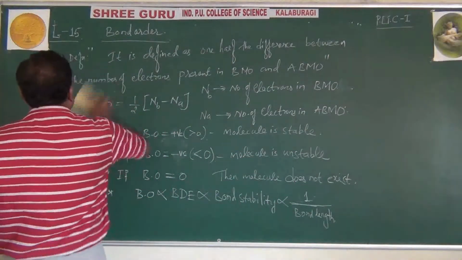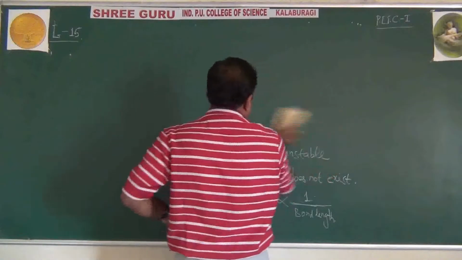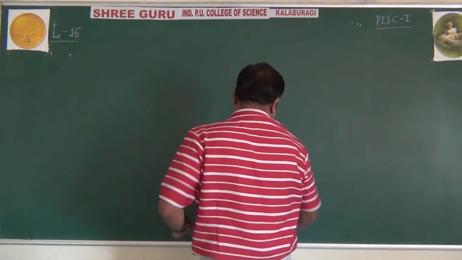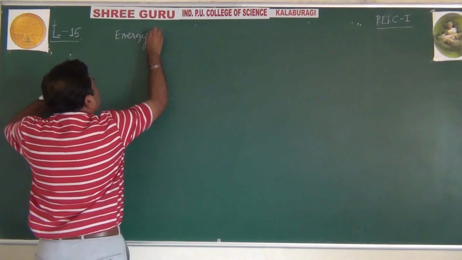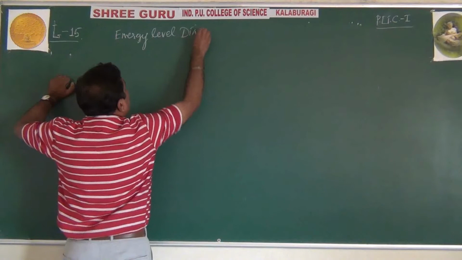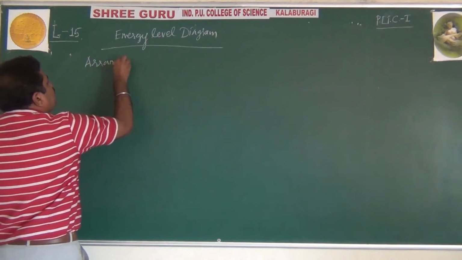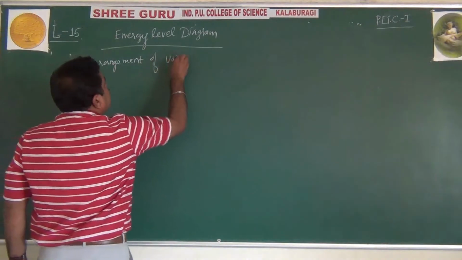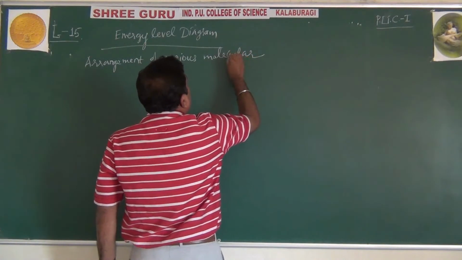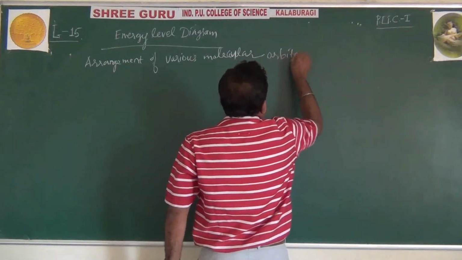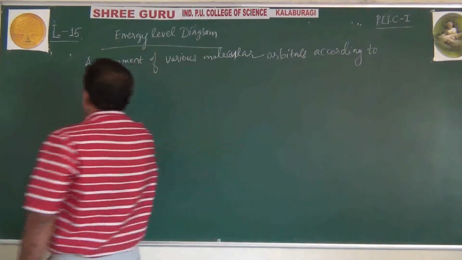Okay, after this, now switch on to a very important topic, the energy level diagram. What is this energy level diagram? It is the arrangement of various molecular orbitals according to their increasing energy levels.